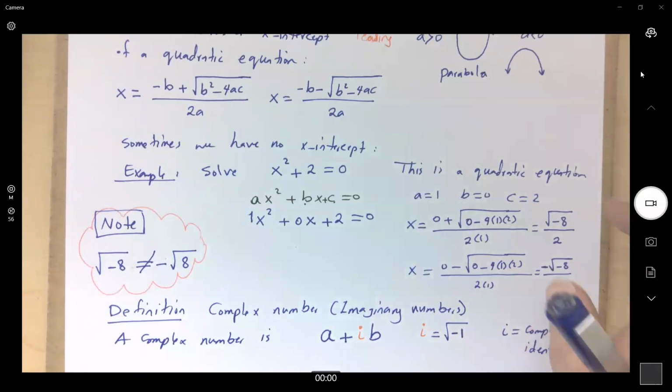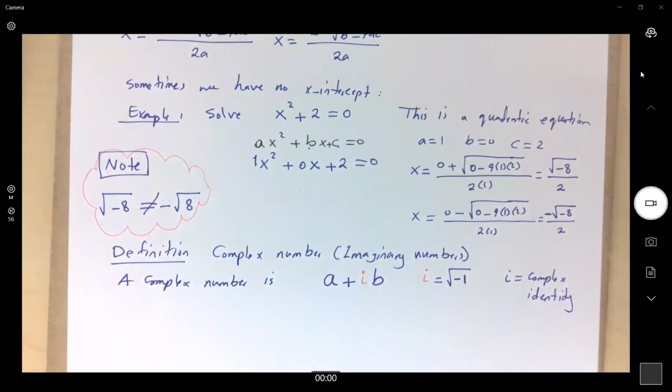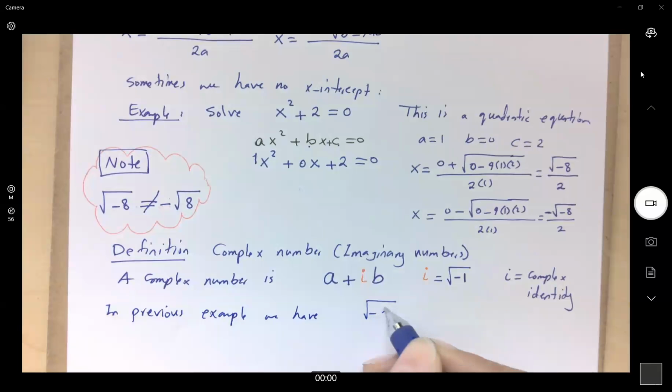Okay, now let us take a look at your answers for the previous example. In the previous example, we had a negative sign inside the radical. We have square root of negative 8 divided by 2. The square root, the whole thing, is on top. 2 is not inside the radical. So you can write this as the square root of negative 1 times 8, divided by 2.